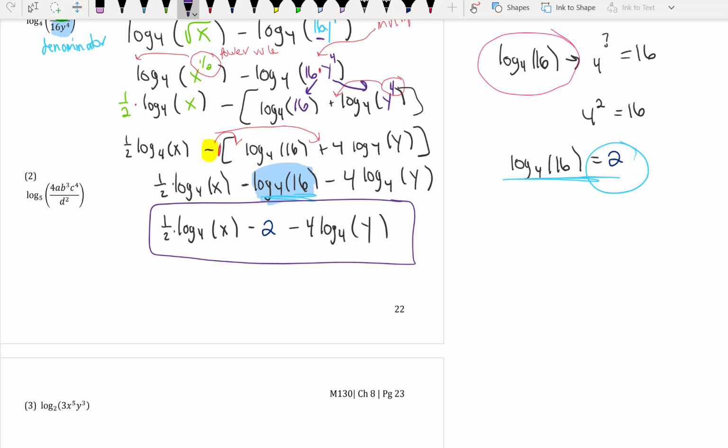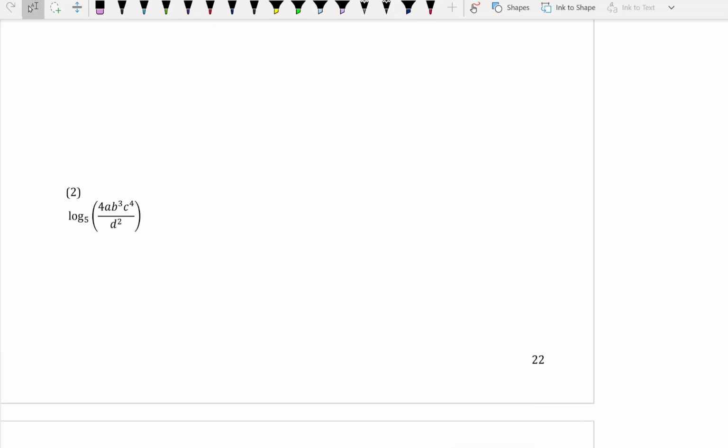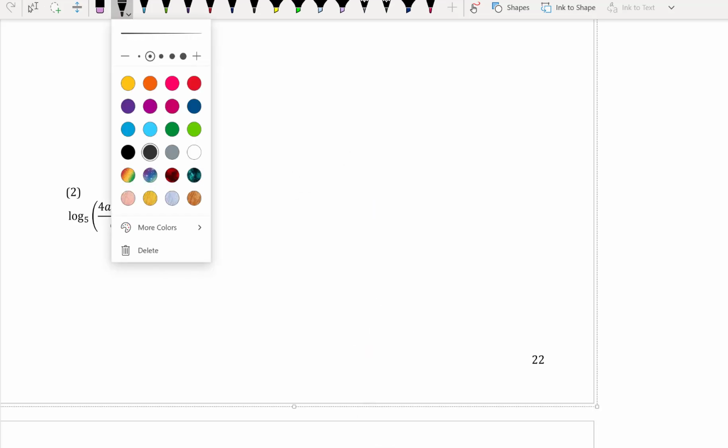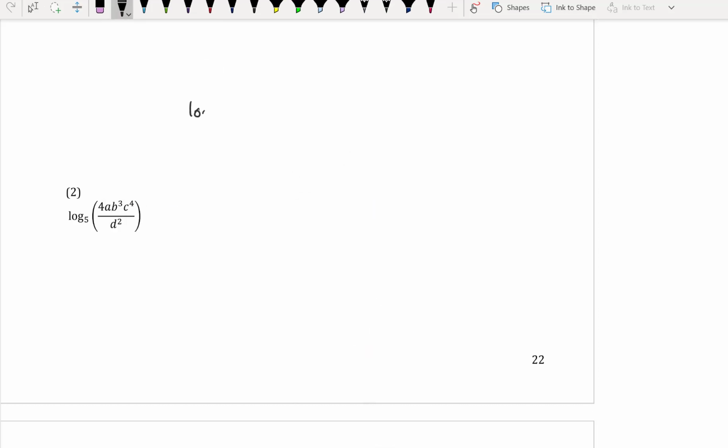Okay, I'm going to go on to number 2. I'm going to pause so I can give myself more room. So for number 2, it looks like we have the quotient rule because we have division. So I'm going to separate this out as log base 5 minus log base 5.